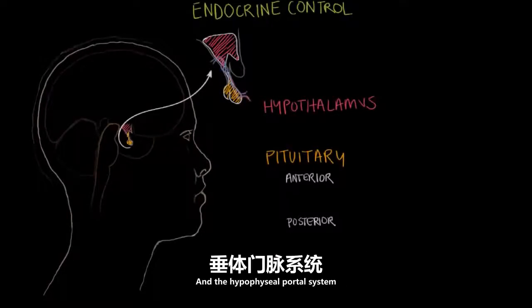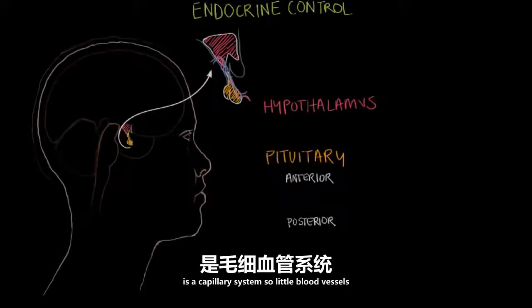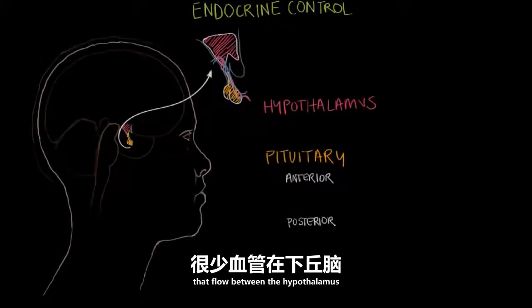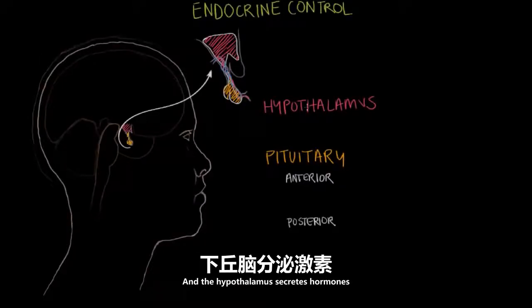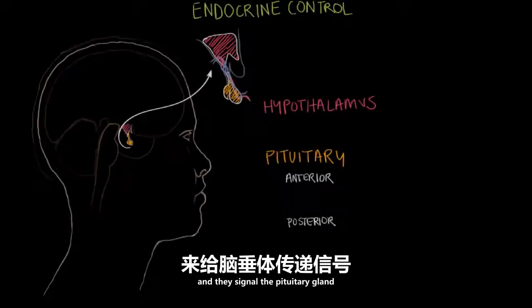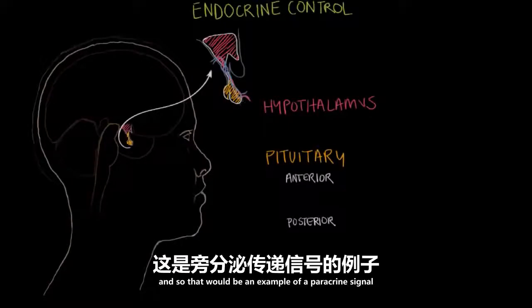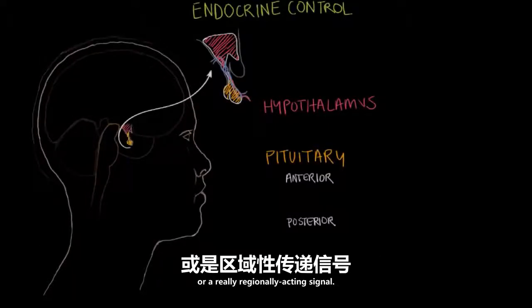The hypophyseal portal system is a capillary system, so little blood vessels that flow between the hypothalamus and the pituitary gland, and the hypothalamus secretes hormones into this little system, and they go down and signal the pituitary gland. That would be an example of a paracrine signal, or a really regionally acting signal.